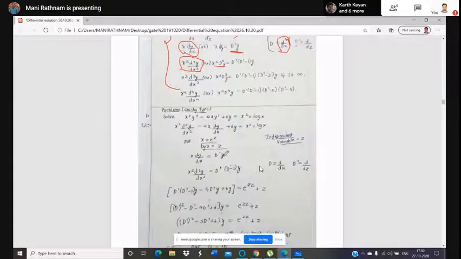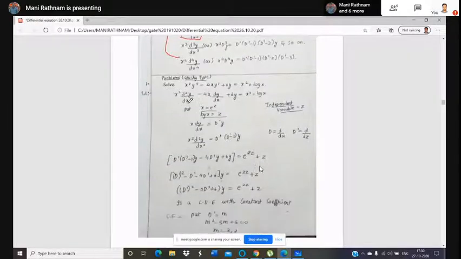Let's see the first problem. Solve x square y double dash minus 4xy dash plus 6y equal to x square plus log x. Here you can easily identify that it is a variable coefficient differential equation.